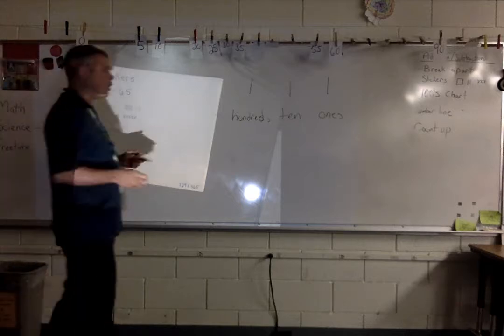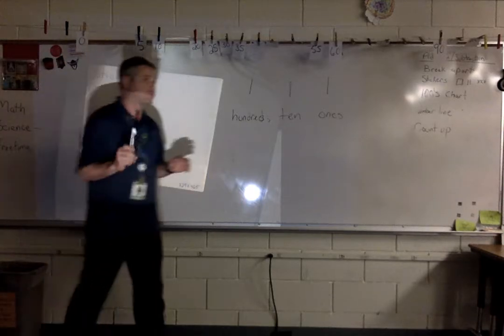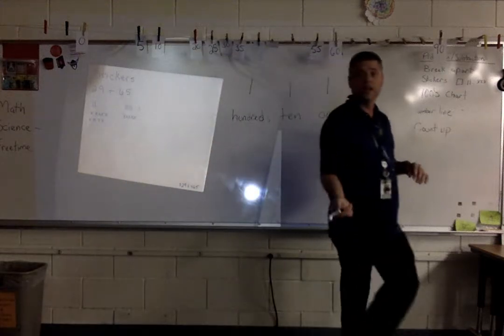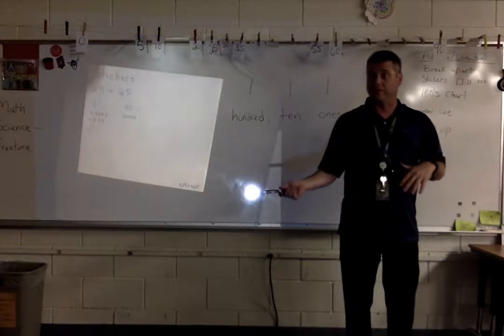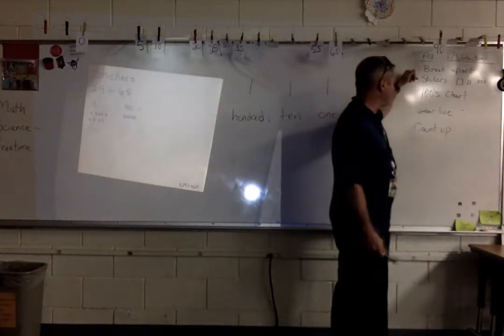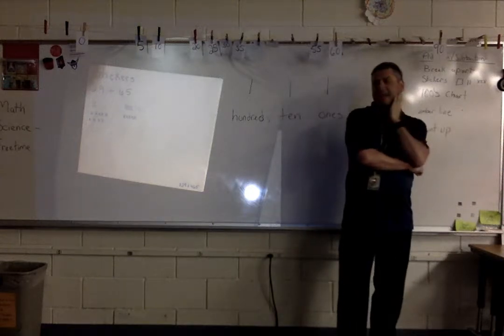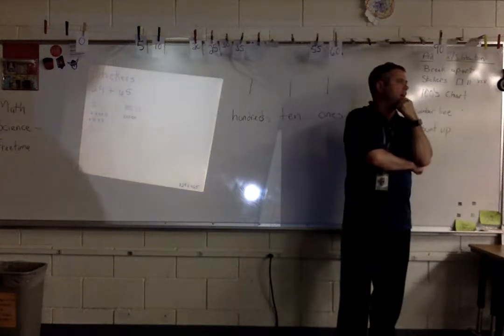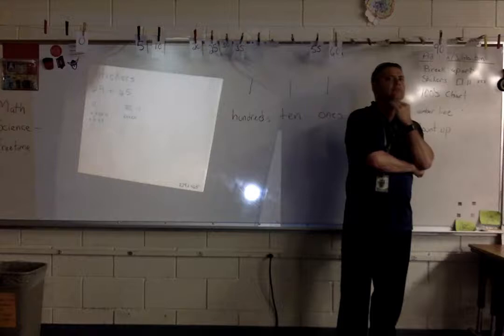Cool. Okay. So we're going to use some of the same strategies that we've been using for double digits, right? So we've got our break apart stickers, hundreds charts. If I'm adding hundreds, more than one, would it be easy to use a hundreds chart, do you think, or not as easy?